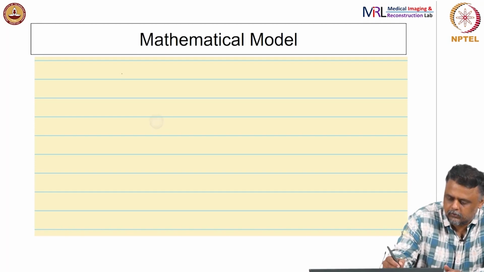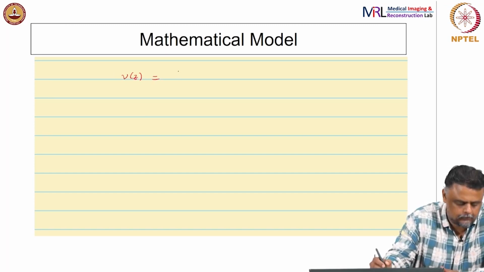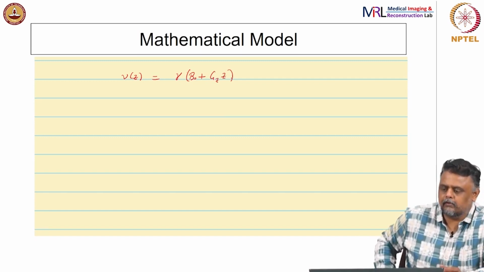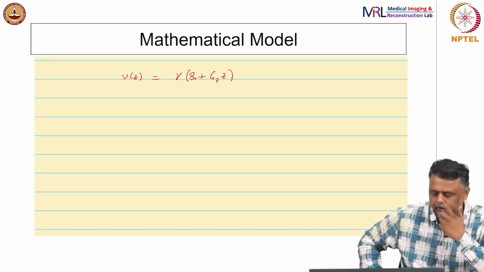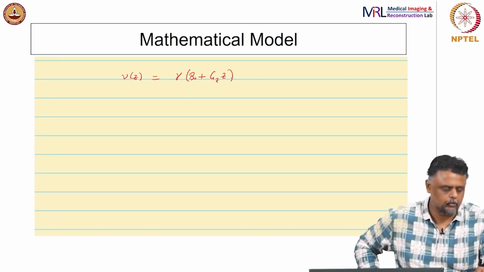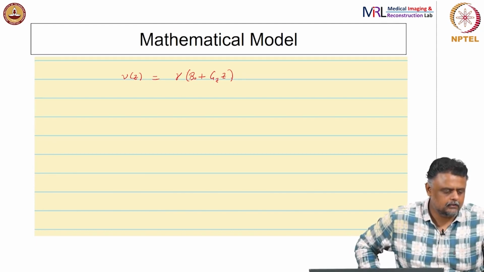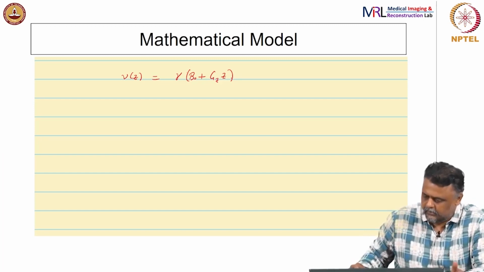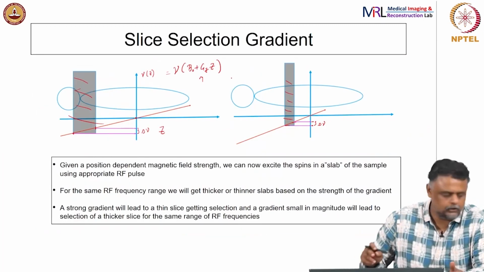So, we saw that the precession frequency is a function of your B naught as usual plus your gradient. So, your precession frequency is now encoded by your z position. Now, if you consider two positions z1 and z2 like we saw in that picture, let me go back up and show you what z1 and z2 are.